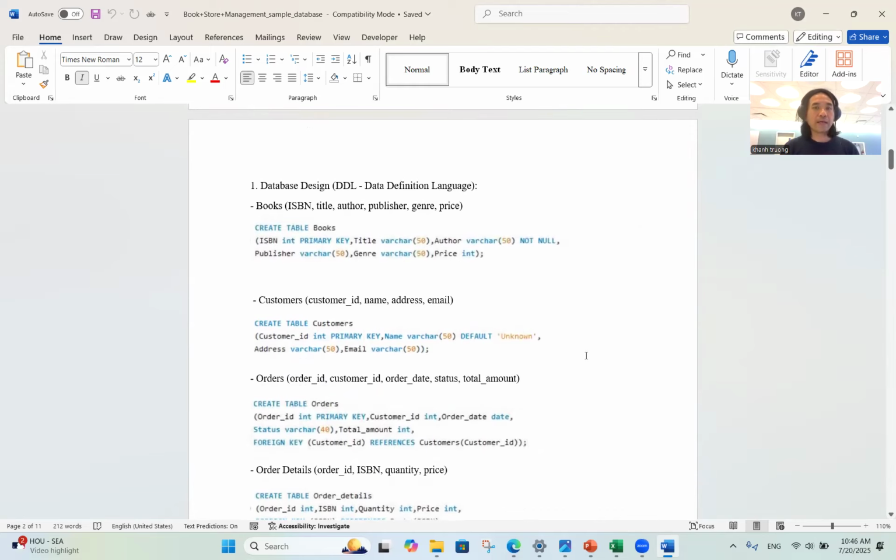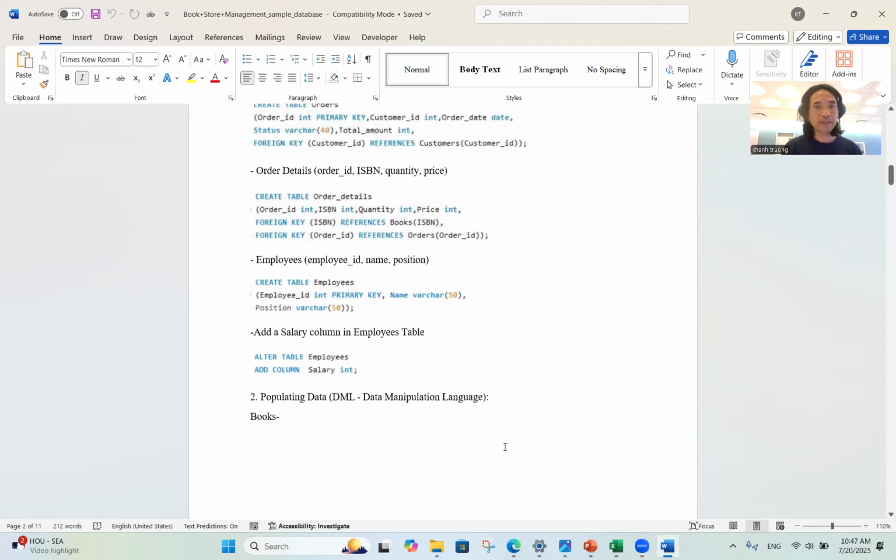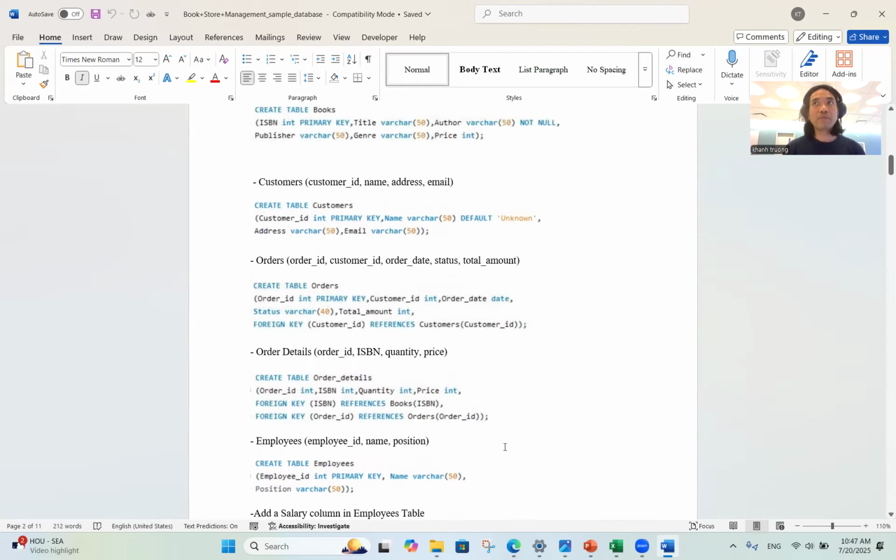You have to create a schema for your database, right? And then after that, you populate data into those table structures that you just created. Remember that before we did this, we installed a sample database, the Sakila database. We unzipped the folder, and we have two files, a schema and the data.